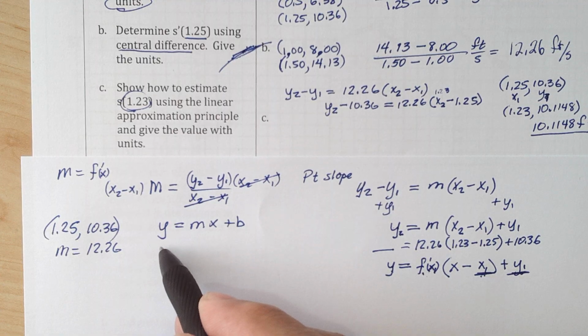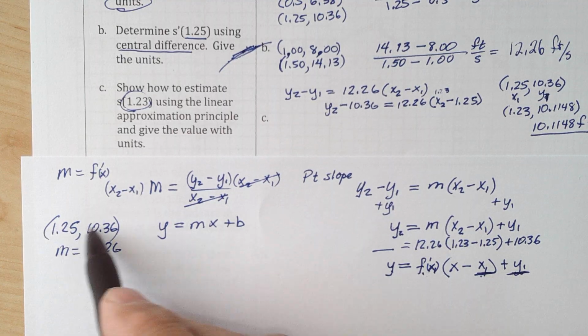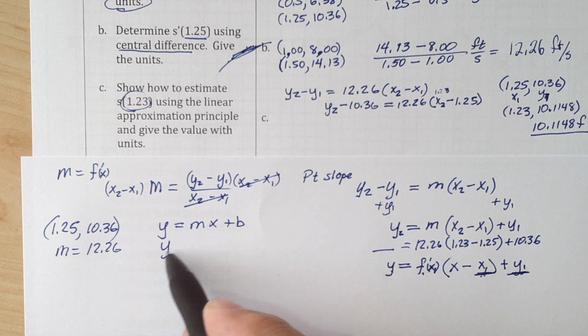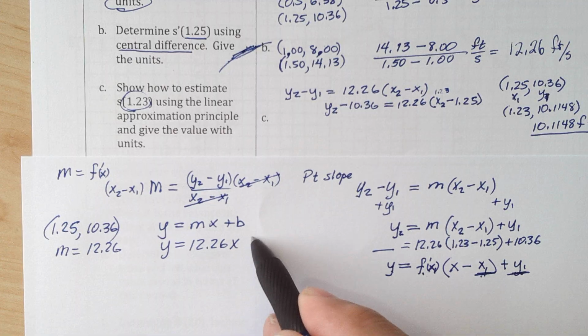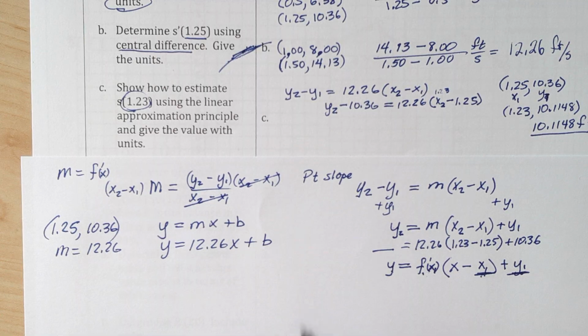So my equation for the tangent line, using this point and that slope, well, it would look like 12.26 x plus some b.